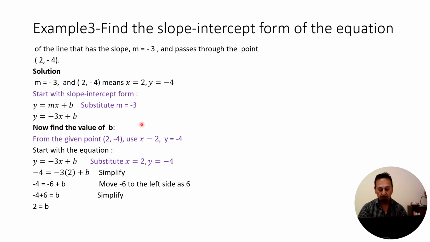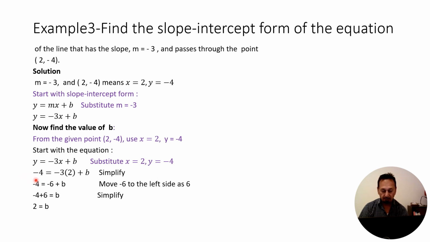Now we find the value of b. To find the value of b, we'll use the point (2, negative 4), where x is 2 and y equals negative 4. So we use the last equation, y equals negative 3x plus b. Now we substitute x equals 2 and y equals negative 4.